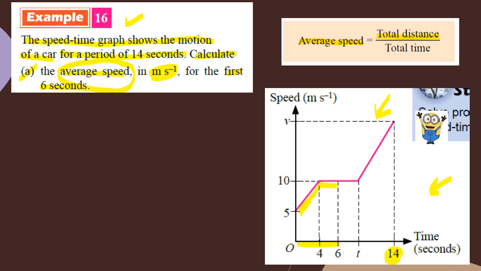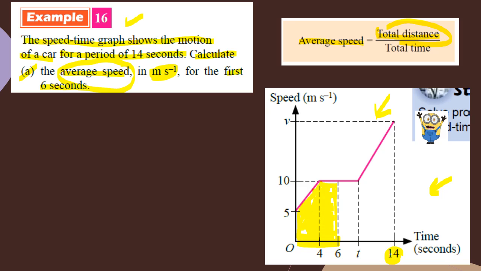Time you have is 6, so you find the total distance first. You remember area under the graph? So you just find the total distance here.